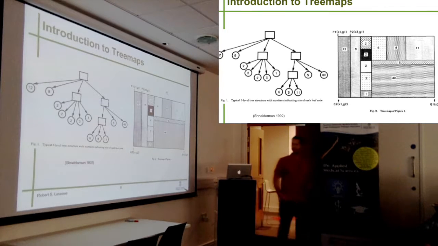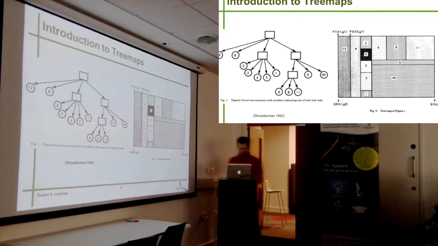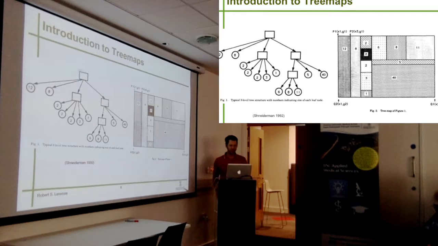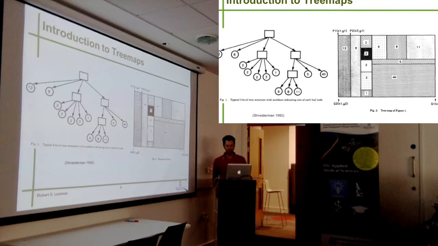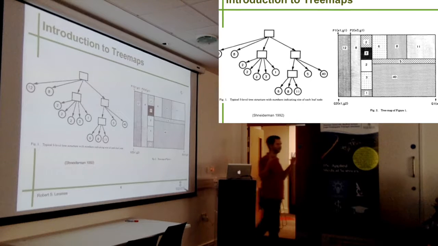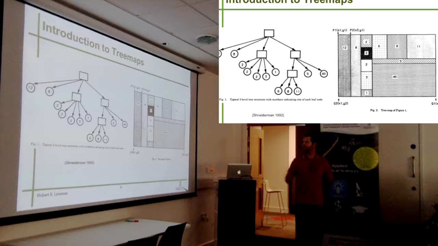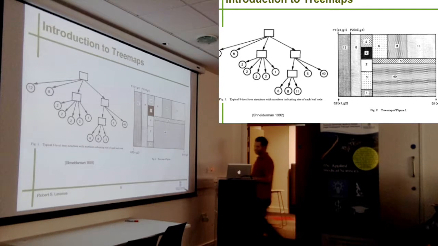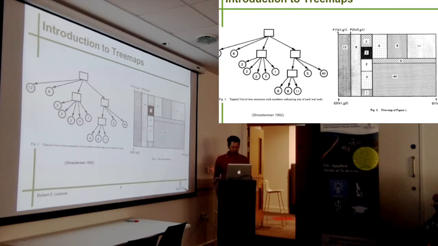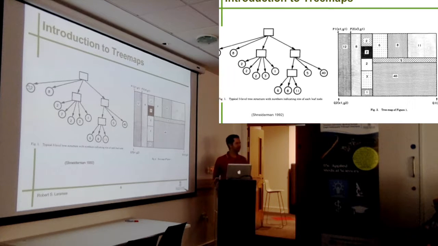So this depiction on the left is a hierarchical data set, and this on the right is the equivalent tree map. What happens is the root node, right here at the top, gets translated into the largest rectangle in the tree map. So it reserves the space for the tree map, and then it's subdivided. Each child of the root node is also represented by a rectangle.